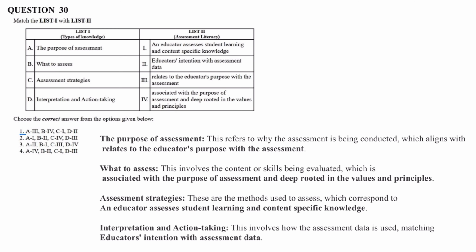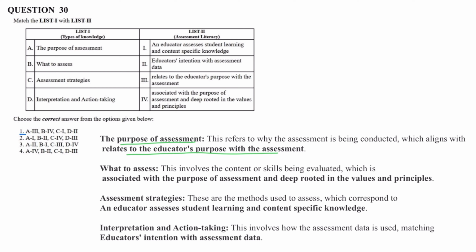Question number 30. List 1 types of knowledge is given and list 2 assessment literacy is mentioned. So we need to match list 1 with list 2. First one is the purpose of assessment. It relates to the educator's purpose with the assessment. This refers to why the assessment is being conducted.